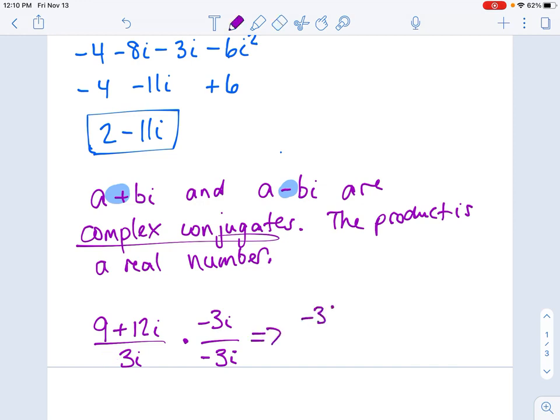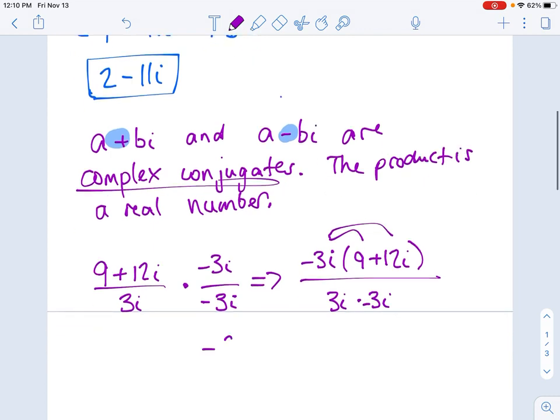So when we do that, we're going to have negative 3i and then 9 plus 12i over 3i times negative 3i. So we'll have to distribute here. We get negative 27i minus 36i squared.